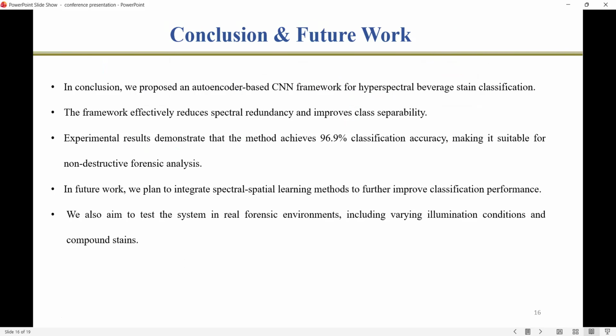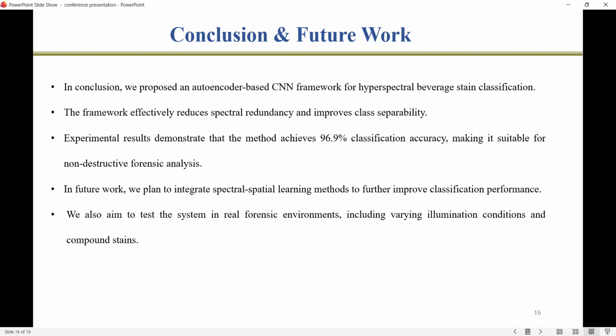Now let's talk about our final conclusion and future work. In this conclusion, we proposed an autoencoder based CNN framework for beverage stain classification. The framework effectively reduces spectral redundancy and improves class separability. Experimental results demonstrate that the method achieved almost 96.9% classification accuracy, making it suitable for non-destructive forensic analysis.